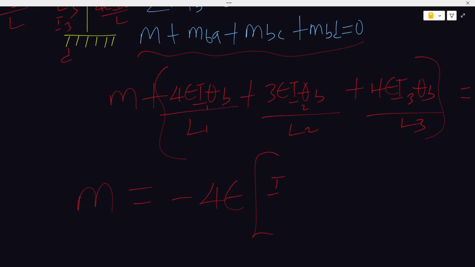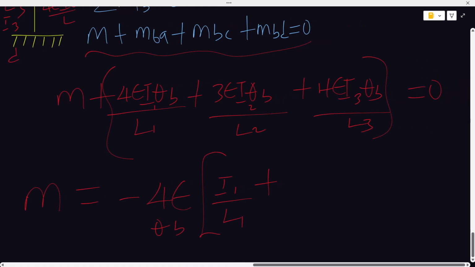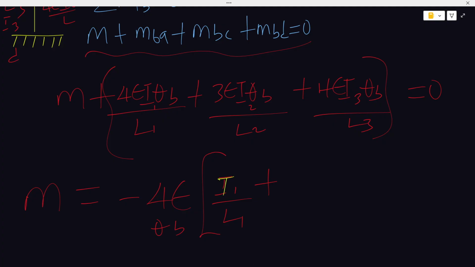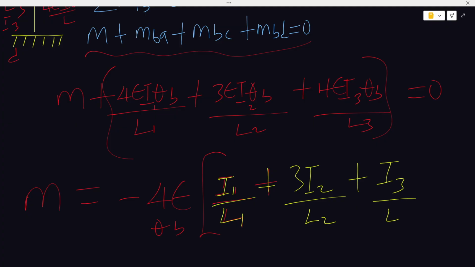I'll now have I1, let me also bring theta B out, I1 over L1 plus, let me use green, plus 3I2 over L2 plus I3 over L3.